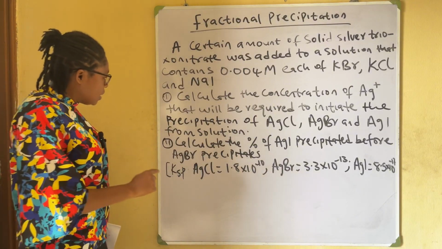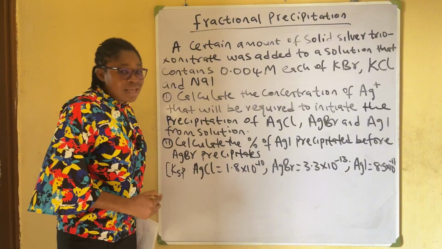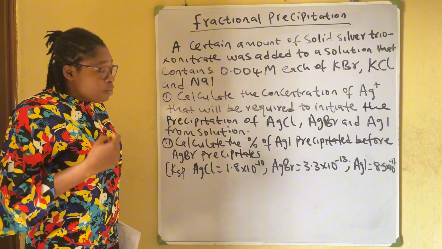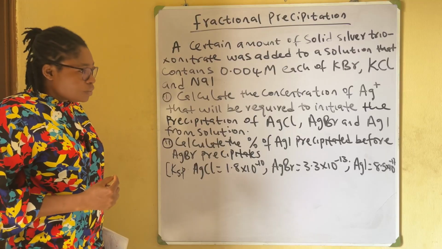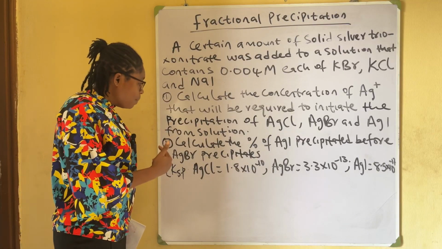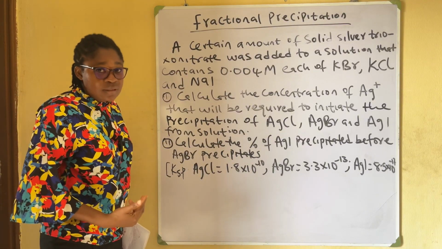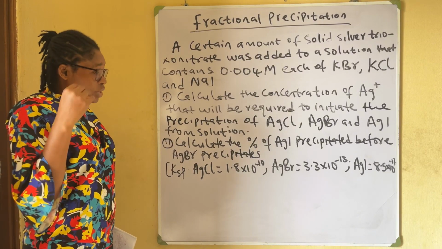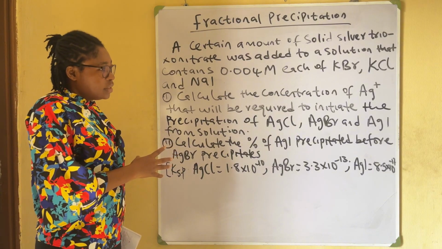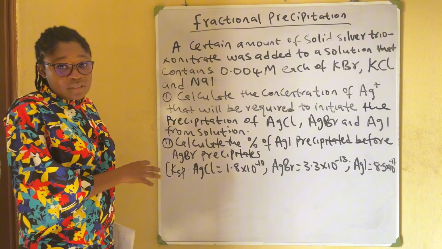Two, calculate the percentage of silver iodide precipitated before silver bromide precipitates.